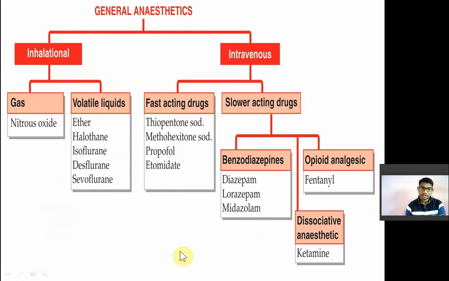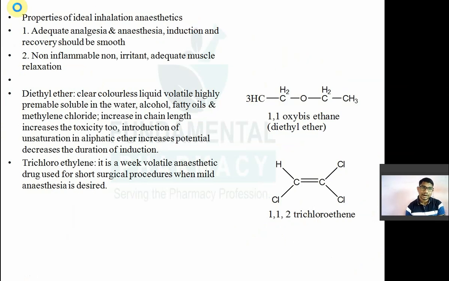Now next point we'll see. Now properties of ideal inhalation anesthetic. So what are the properties of ideal inhalation anesthetic? Inhalation anesthetic, ideal anesthetic किसको बोलेंगे? So ideal anesthetic agent should produce adequate analgesia. Okay. So the main aim of anesthesia is to operate on the patient.